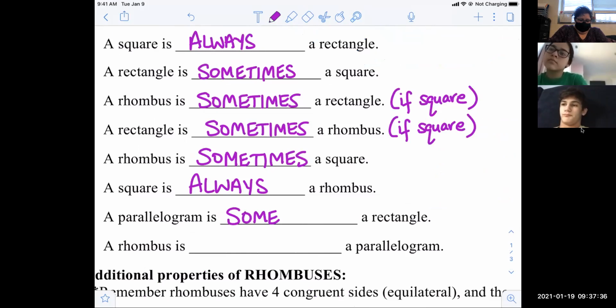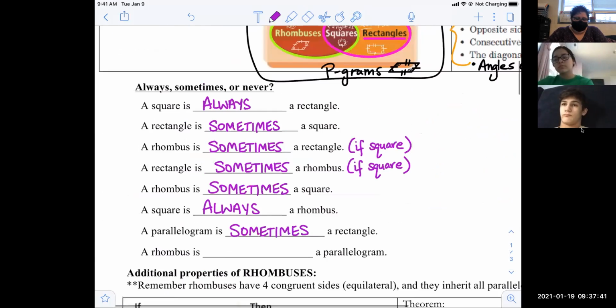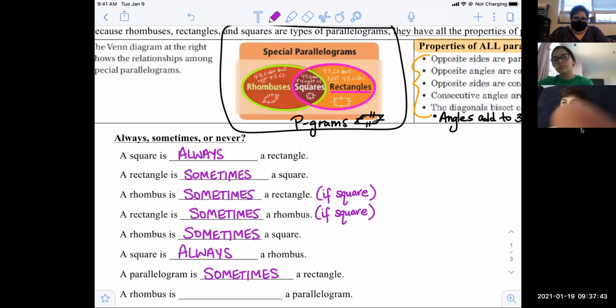Okay, Aiden. A rhombus, always, sometimes, never a parallelogram. Sometimes. Okay, when is it not?